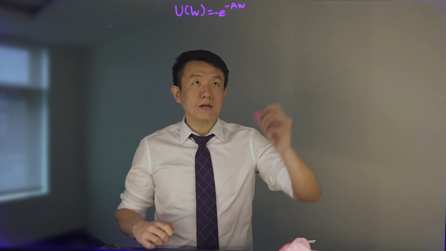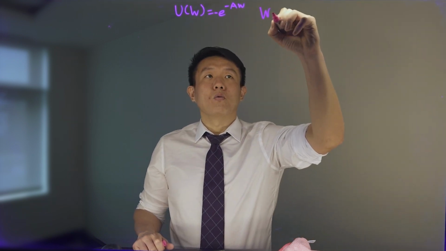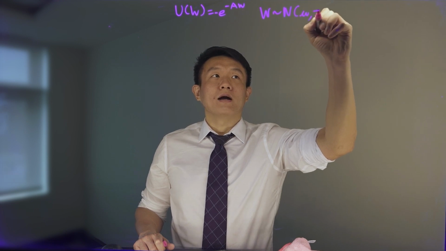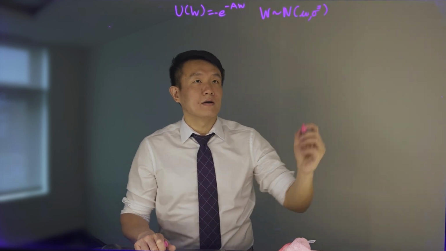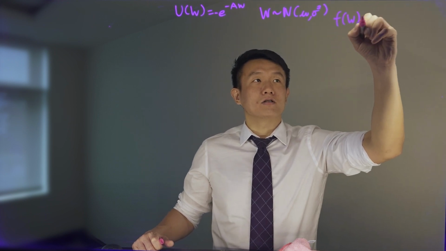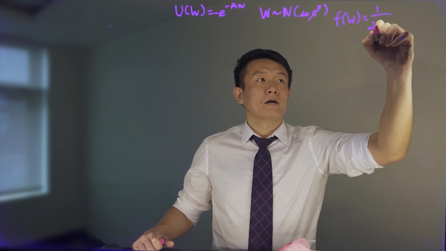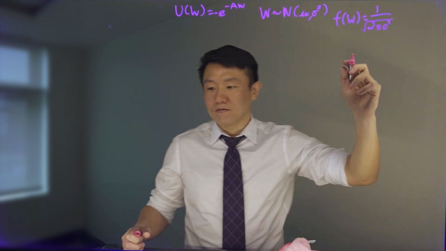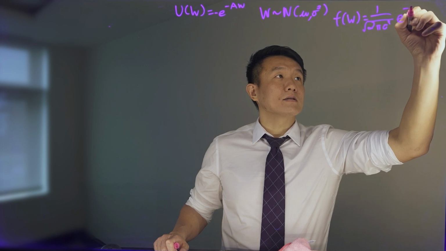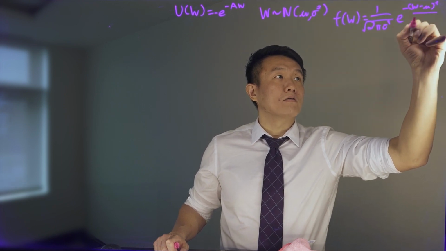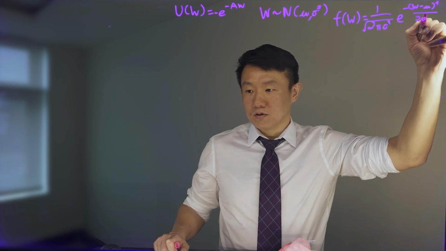So let's say that wealth is normally distributed with mean mu and variance sigma squared. Then it's going to have the density function f of w, which is given by this thing. So minus mu squared over 2 sigma squared.